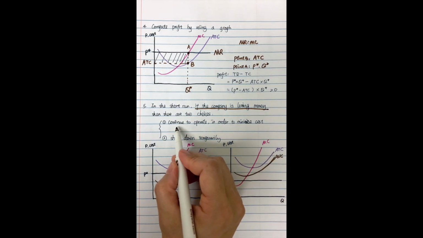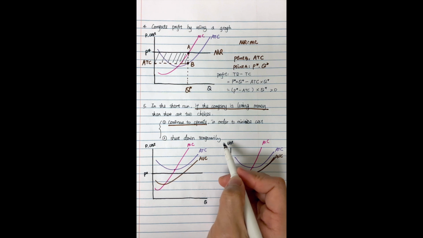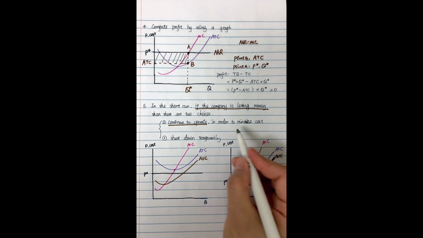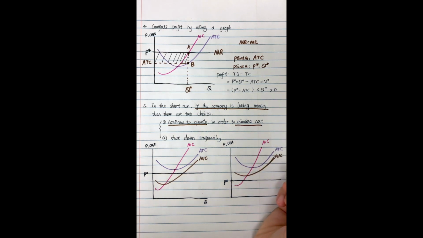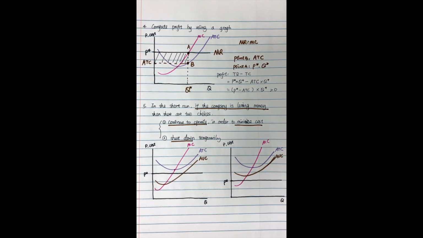So the first choice, they can choose to continue to operate, so still stay in the market in order to minimize the cost, okay? The second choice will be just to shut down the business and leave the market temporarily, okay? So these are the two choices a firm can choose if they are losing money, okay?